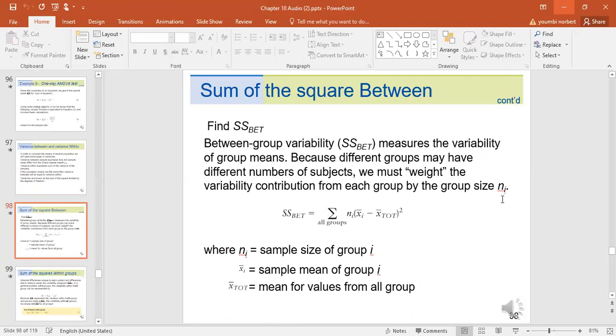Now, the sum of the square between is the difference between the sample mean for each group and the sample mean for all of them put together. So you want to see how each sample mean departs from the grand sample mean. That is our deviation that we will square and multiply by the sample size. Taking that sum gives us what we are going to call the sum of the square when we compare each sample to the grand sample.